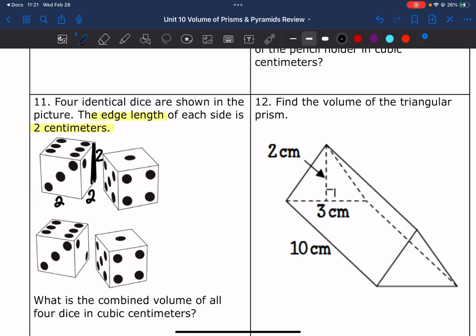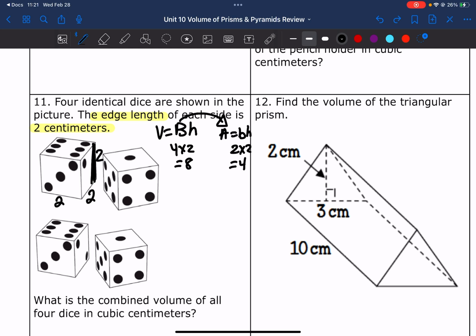Okay, now that I have that, remember we're going to use volume is equal to capital B times height, but this is using area equals base times height. So technically what I have is 2 times 2, which is 4, and then 4 times 2, which is 8, okay? This is the volume.